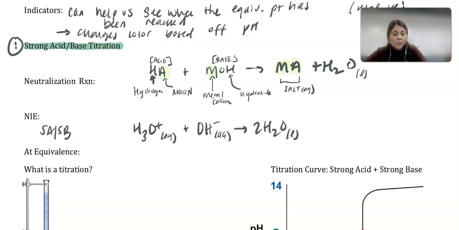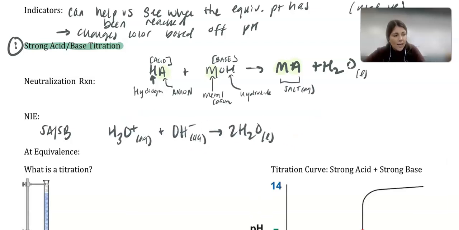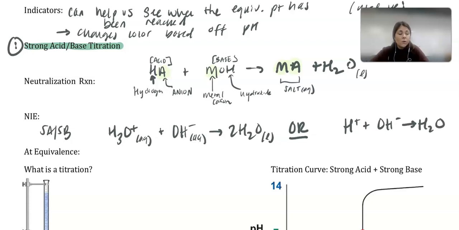This is what I want us to strive for, doing this hydronium and hydroxide. But you could also write it as hydrogen plus hydroxide making water. You could do that as well, but I would lean more towards the first one I wrote because a hydrogen by itself doesn't actually exist in nature.